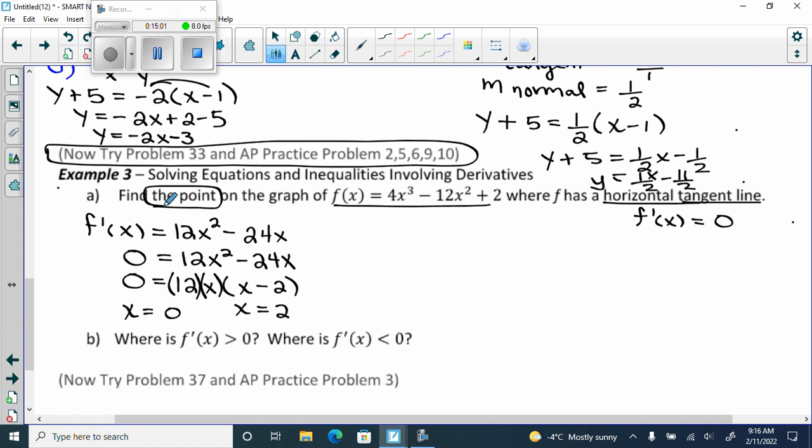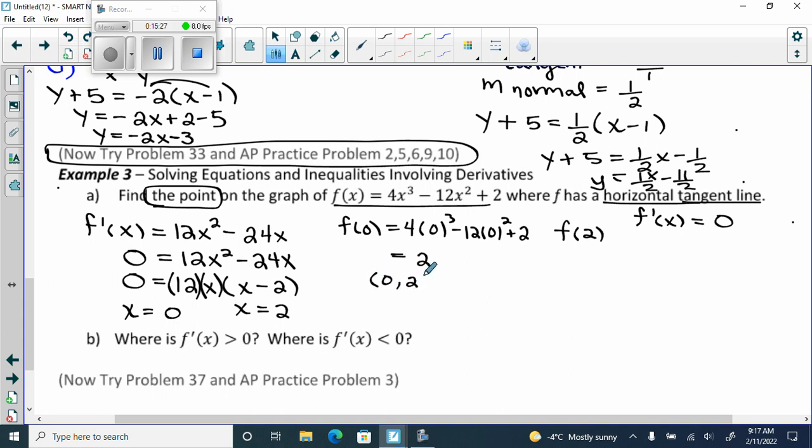Put it back into the original. Yes. When we have an x, we need a y, so put it back into our original. We're going to go f of 0 and f of 2. So 4 times 0 cubed minus 12 times 0 squared plus 2 equals 2.